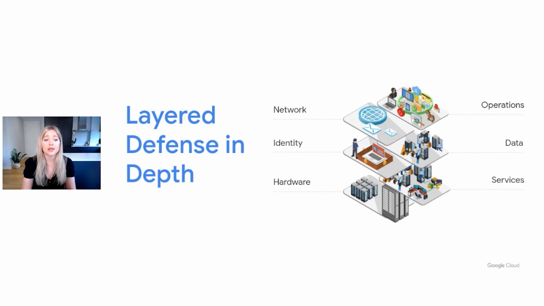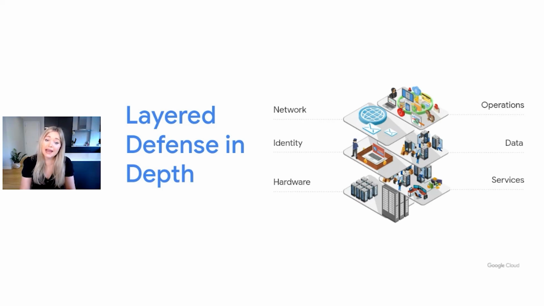And this continues through operations, data, services. We apply security at every layer of the stack, from biometric scanners in our data centers to the encryption of data, even to the point where we have custom hardware inside the servers themselves that allow us to verify that a secure boot process has taken place. And this ensures that the servers on our network have not been tampered with.